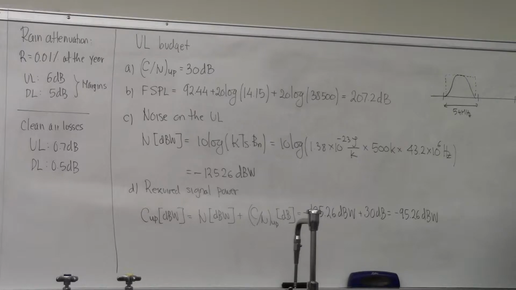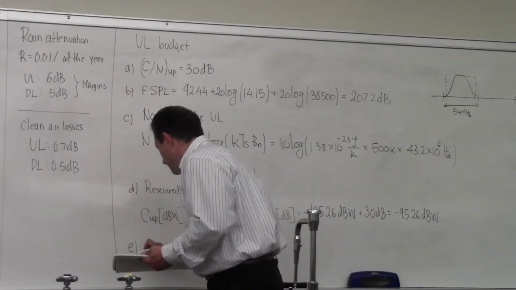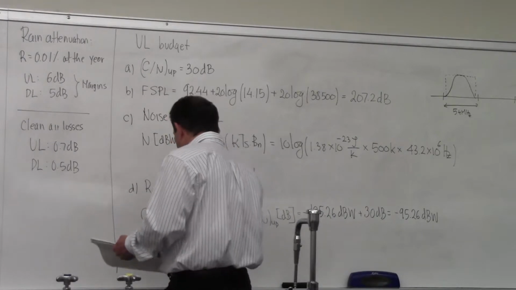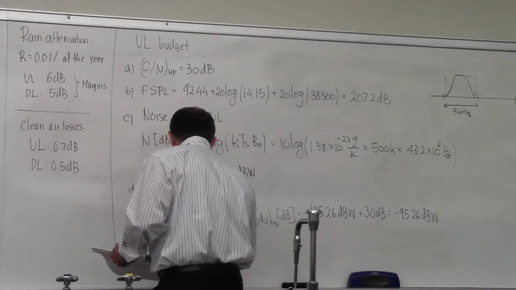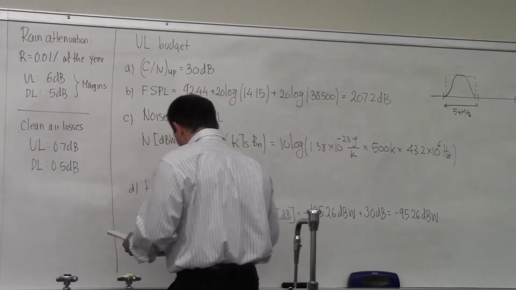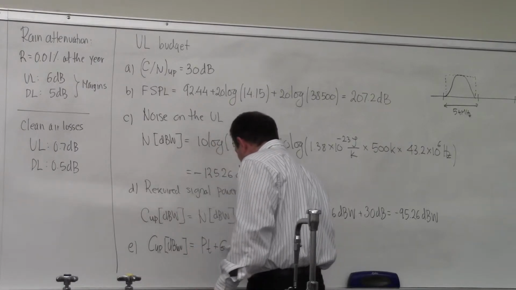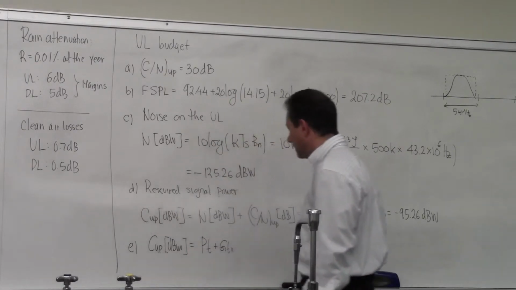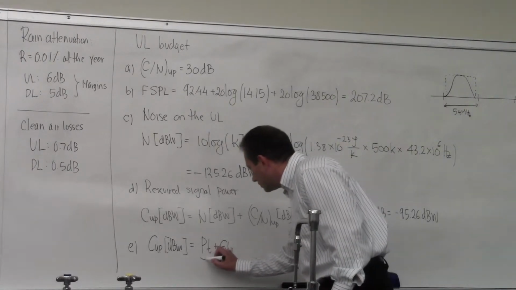Okay? So now we can put together the link budget for the uplink. We can say that C on the uplink in dBW is going to be whatever is your transmit power times the gain of your transmit antenna at the earth station. How do we call these two together?